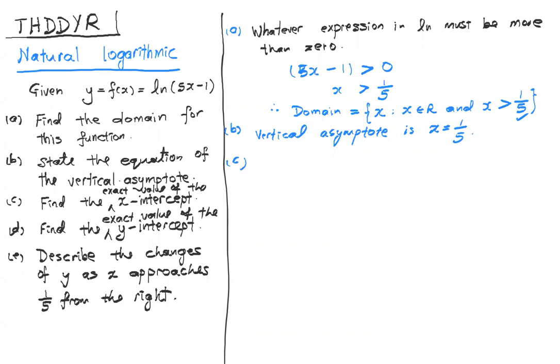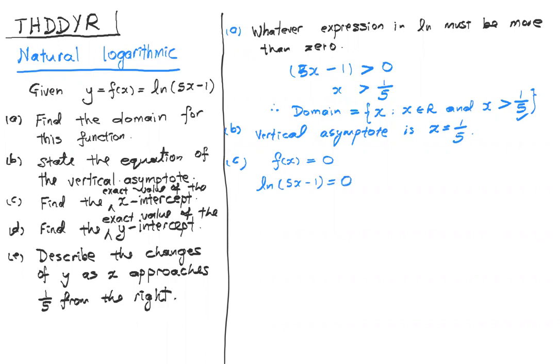Find the exact value of the x-intercept. So when we say x-intercept, that means we put f(x) equal to 0. That means y equal to 0, you try to look for the value of x. So ln(5x minus 1) equal to 0.